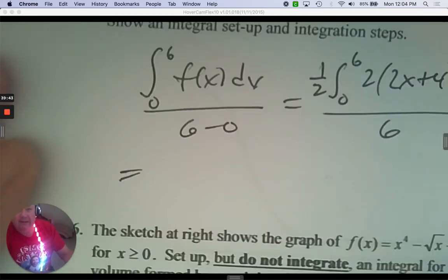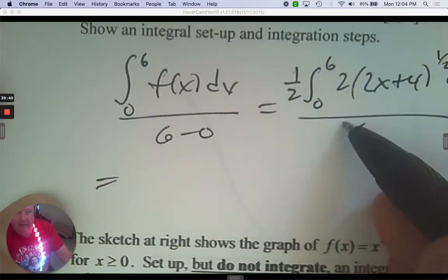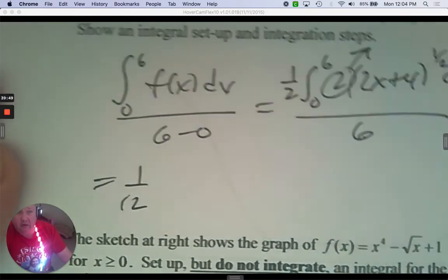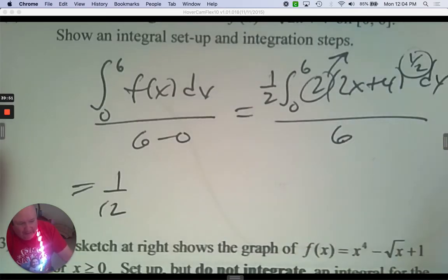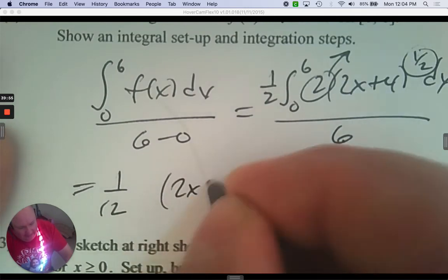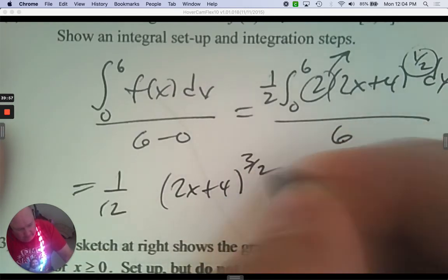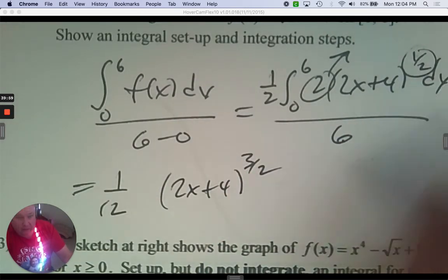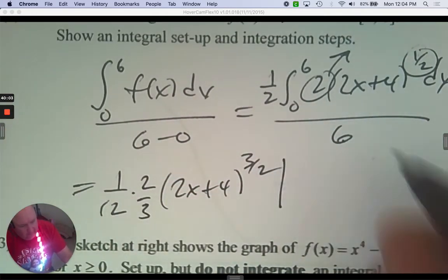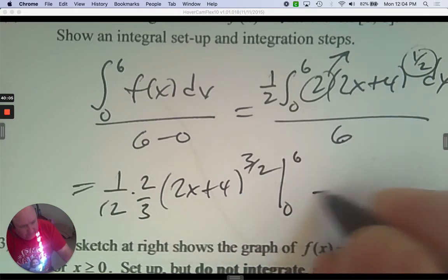Now to make life easier, that 1/2 and 6 together make 1/12. The 2 is unhooked, and then you do the power rule. So you add 1 to the exponent and divide. So if I add 1 to the exponent, that's 3/2, and then the reciprocal. And I'm integrating from 0 to 6.